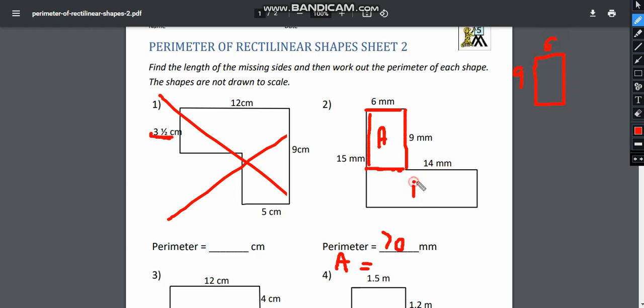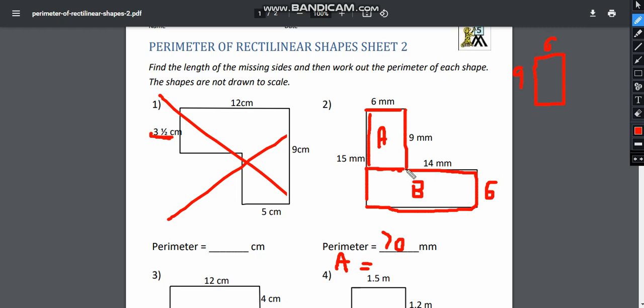Then we need to find the dimensions of area B. What is the height of this rectangle? Well, we did it before when we found the perimeter. This whole length is 15, this is 9, so this length here plus the 9 must be 15. So this is 6.